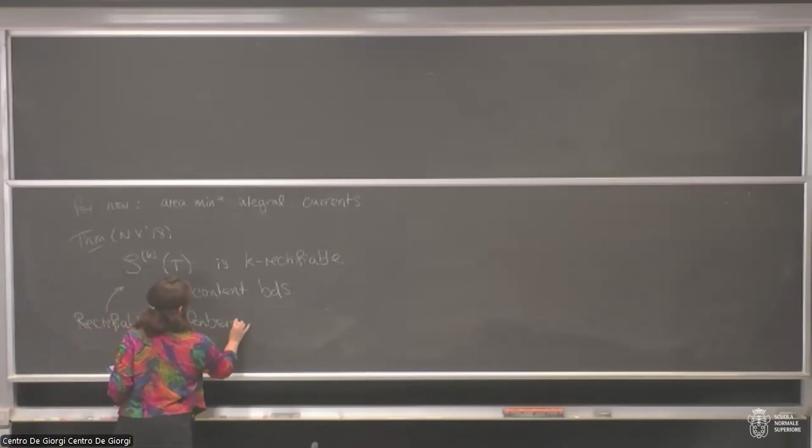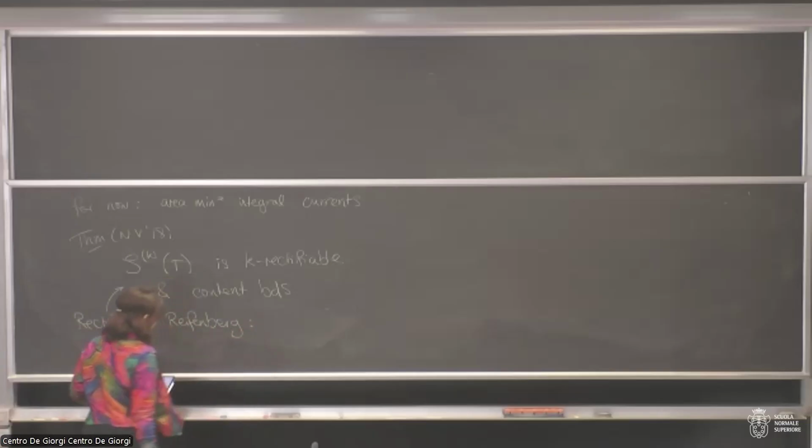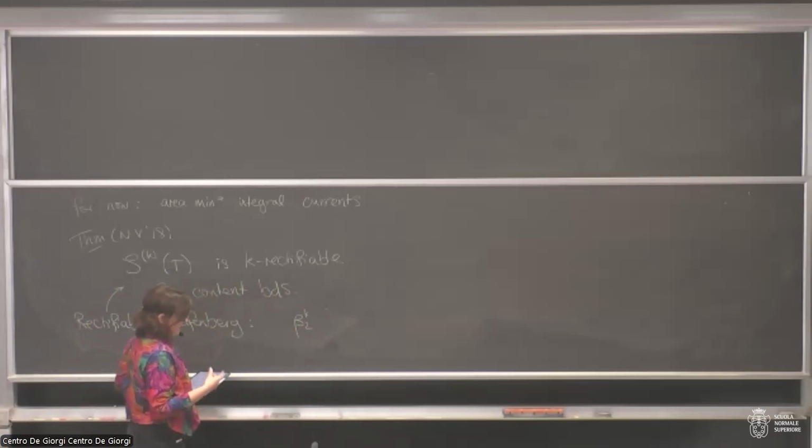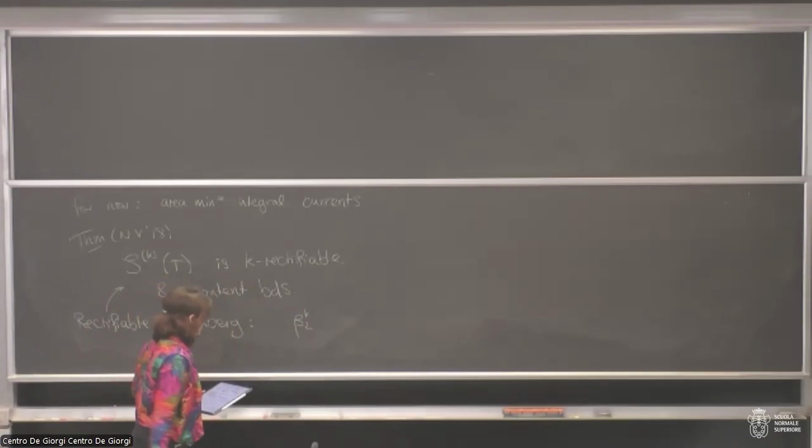The general philosophy is that you have these beta 2 coefficients, which here are at the k-dimensional level, and are essentially like an L2 excess from planes at the level of the singularities.